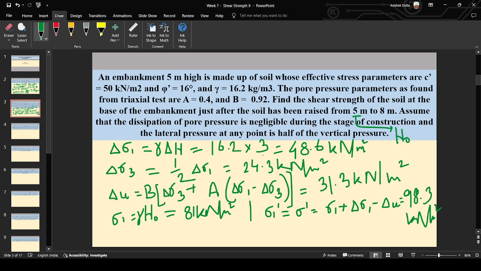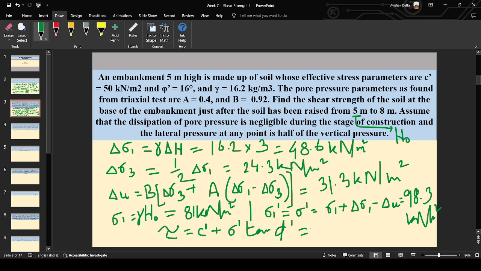Now shear strength. We were told to find out the shear strength. What did we have to do? We only had to find out the effective normal stress. Everything else is given. C dash is given, and phi dash equals 16 degree, C dash equals 50 and sigma dash equals 98.3.